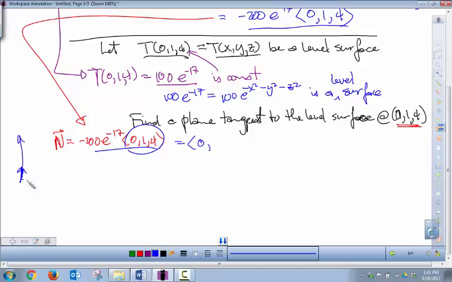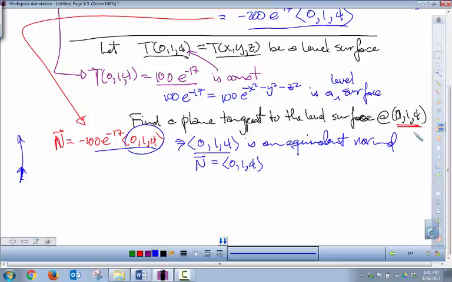So (0, 1, 4) is an equivalent normal. We'll use this for our normal vector, and then we have this for our point. Now we've got a point and a normal.